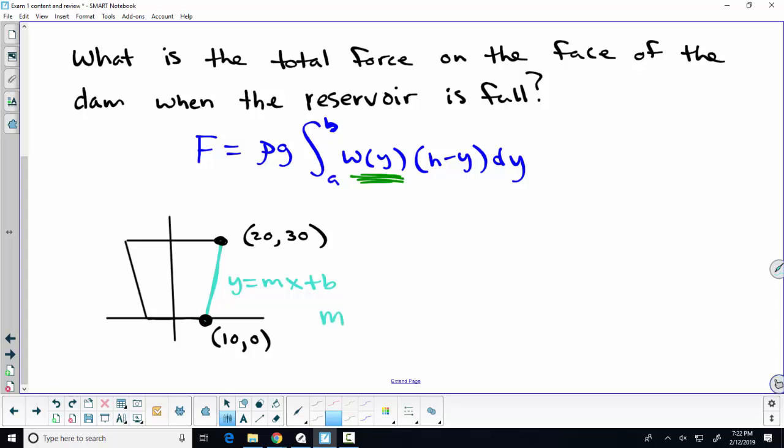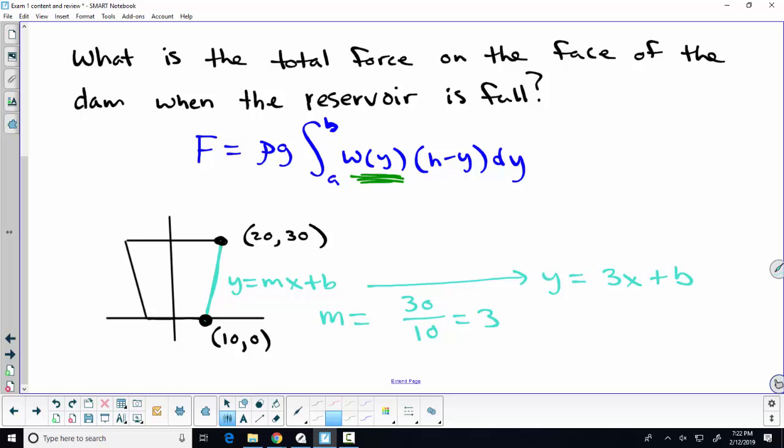So our slope is change in y over change in x. So we've got y equals 3x plus b. Then we can choose whichever point.